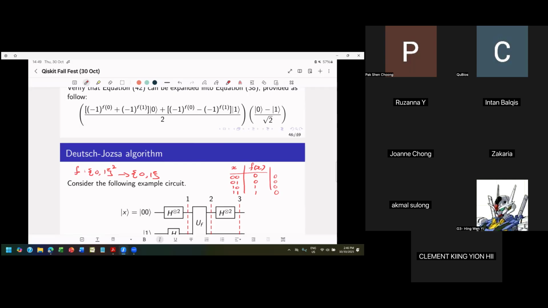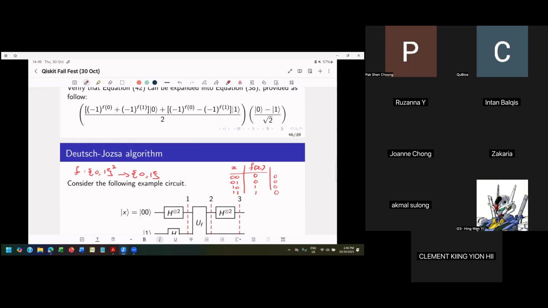But at the same time, if you have three, you can also identify whether it's the fx. So everyone agrees it's 3 times? It's always only either constant or balanced.